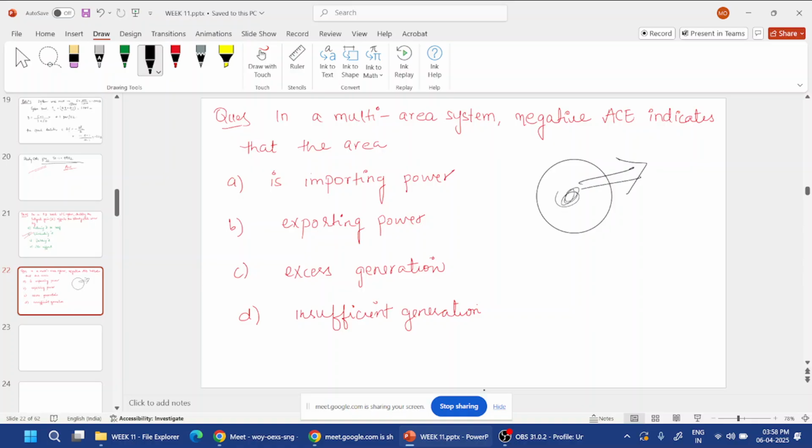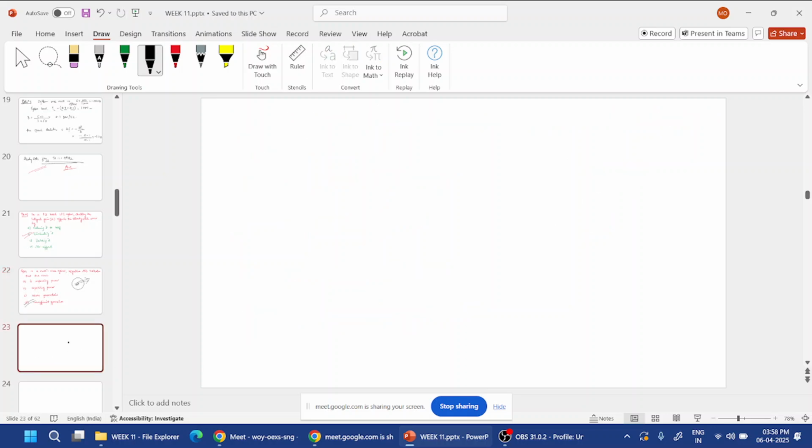Why? Because it is not meeting the export and import load and the export commitment. So therefore, it has insufficient generation.